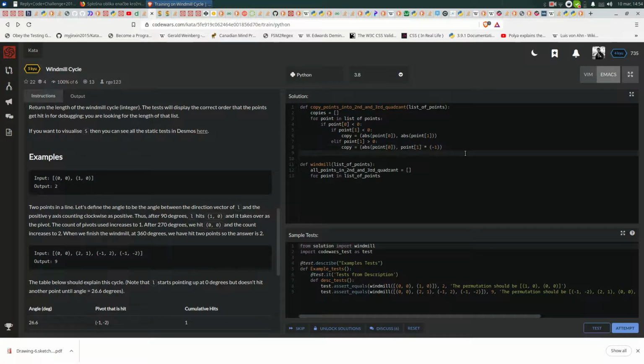And then we say else, just say copy equals point, and in the end you always say copies dot append, and we append the point, or the copy. So you got all of them points in there. Great.